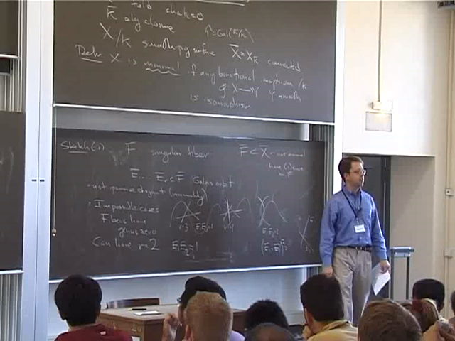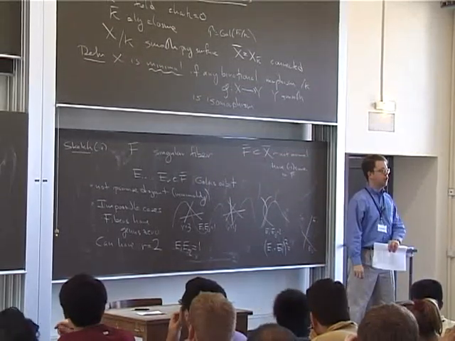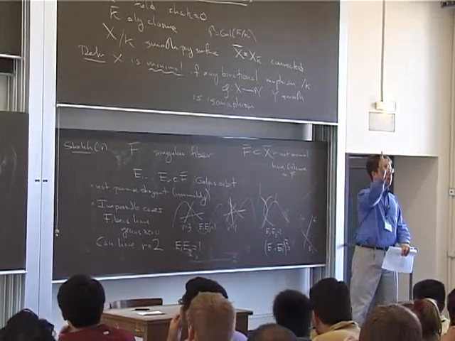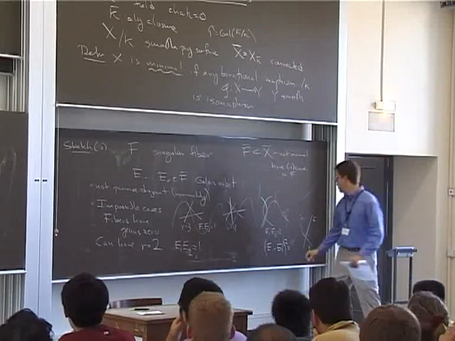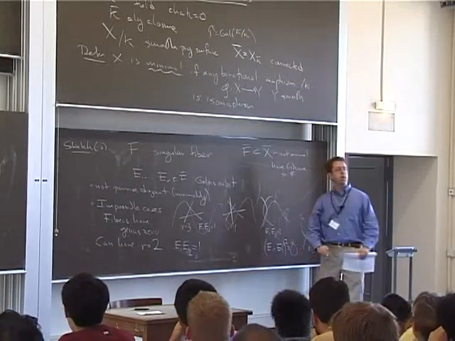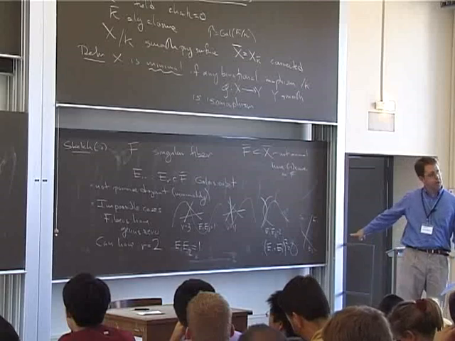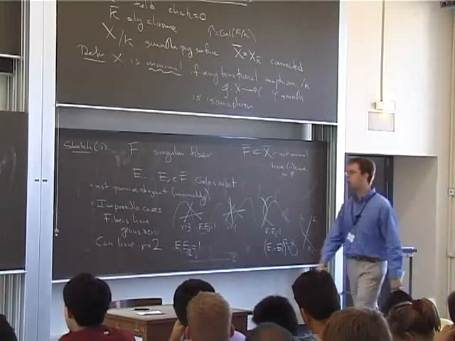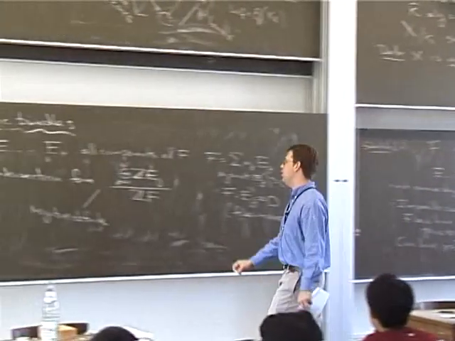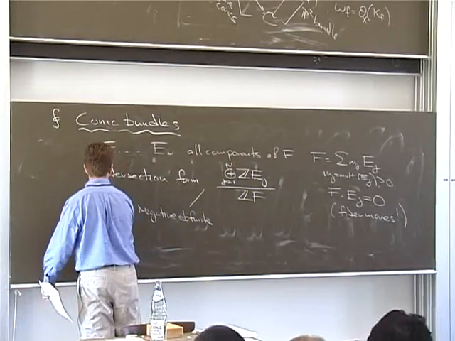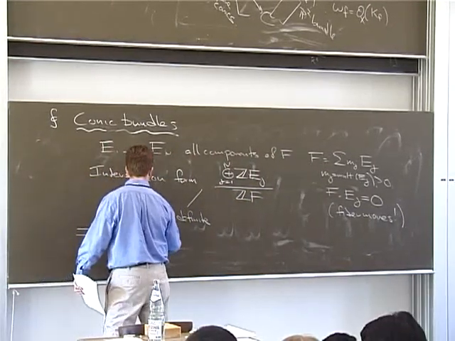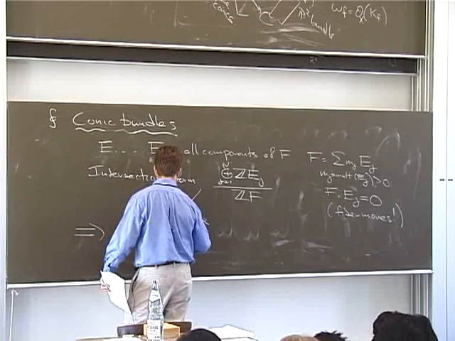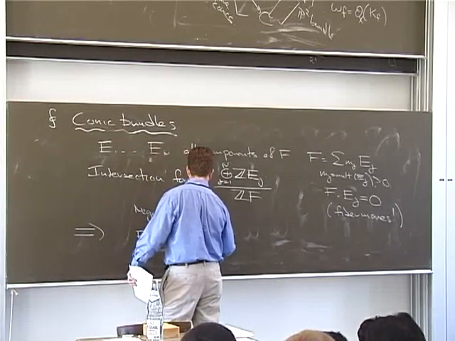What is this? 0, right? -1, -1, +1, +1. So we get 0 for this fiber. So it follows from this analysis that the fiber is just equal to E1 plus E2.